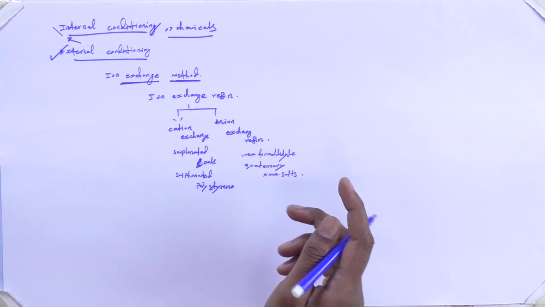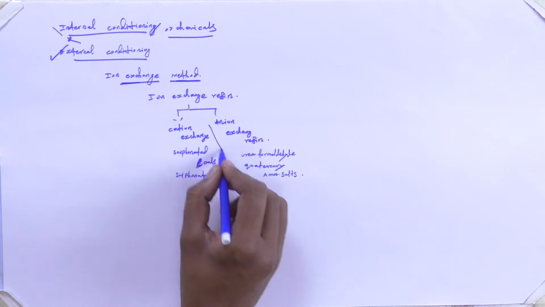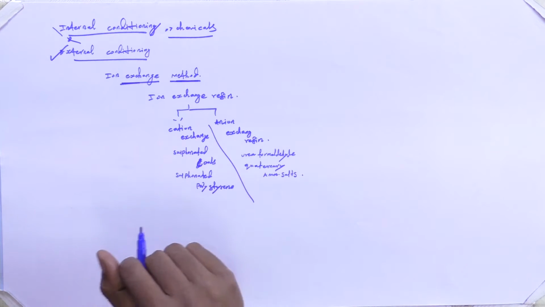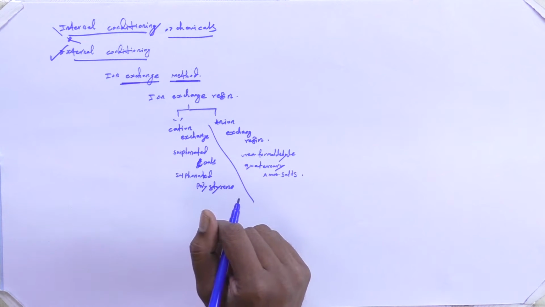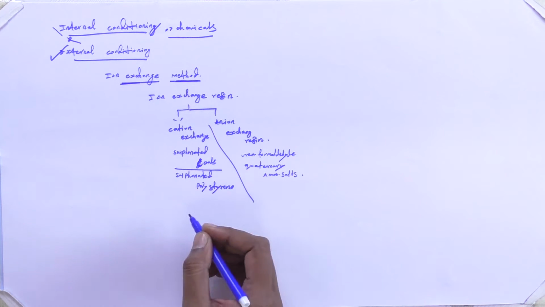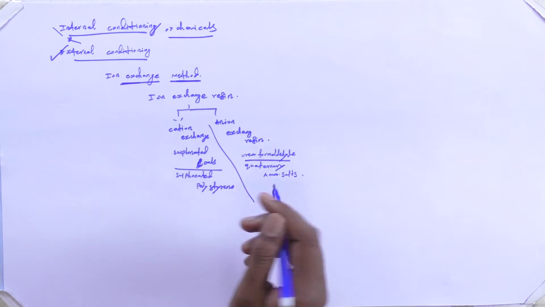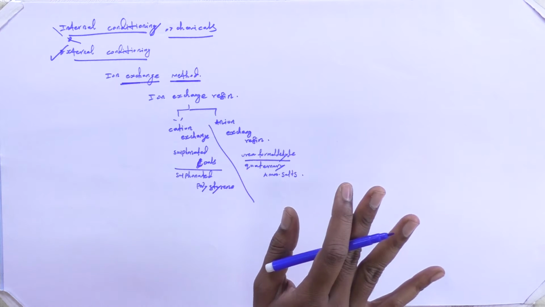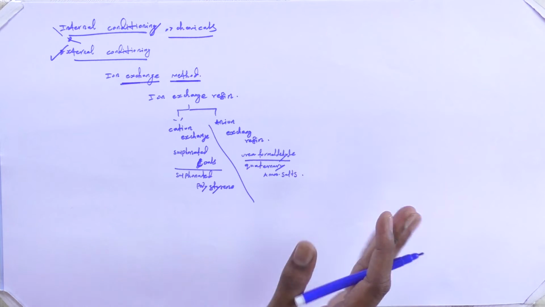Quaternary ammonium salt is an example for cation exchange resin as well as anion exchange resin. By using this cation exchange resin and anion exchange resin, we easily remove cations and anions from the hard water.